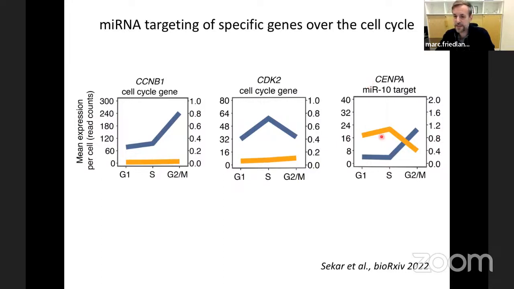And it seems that this is very heavily targeted in G1 and S phase, and then microRNA repression is alleviated in G2 to M. And this fits well with expression patterns that are very low in G1 and S, and then go up very highly in G2M, suggesting that there's some kind of de-repression in part. So we have many of these very interesting patterns, and this is just one example of what the method can be used for.